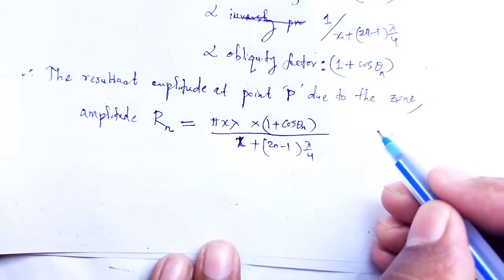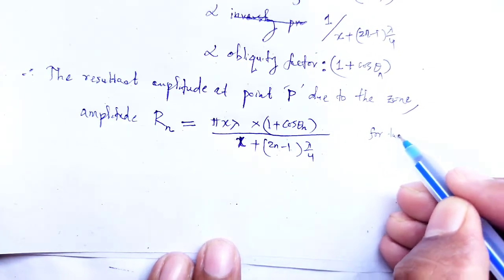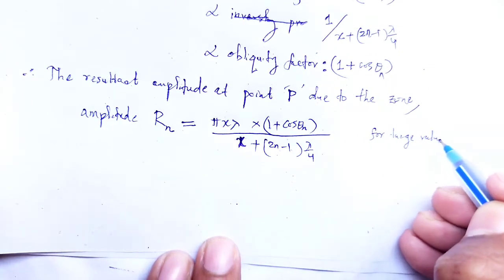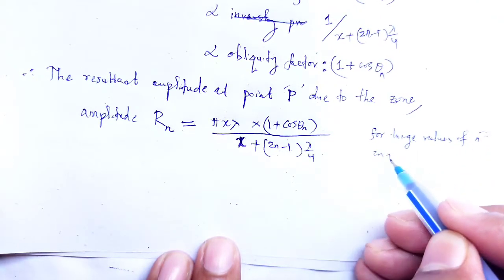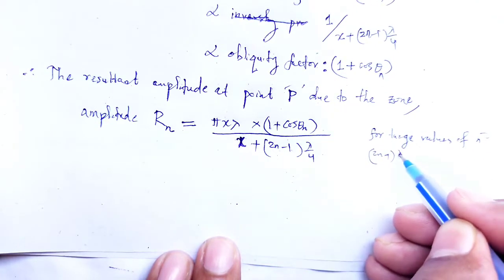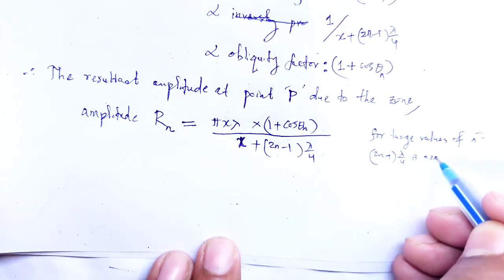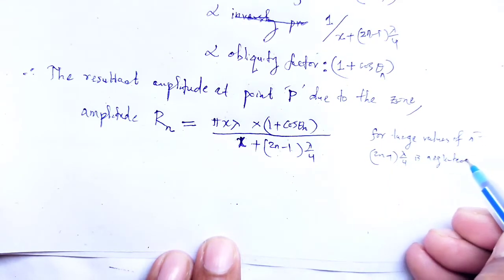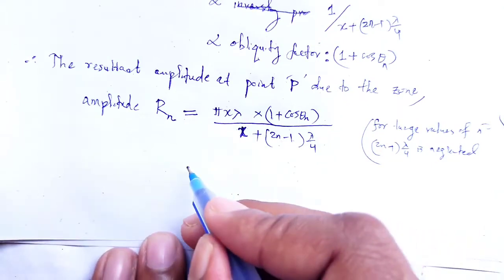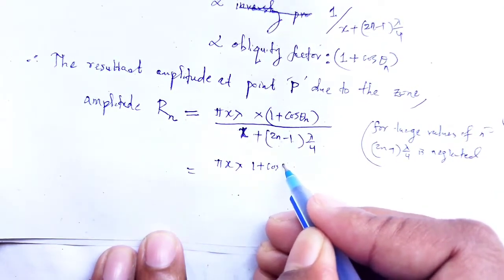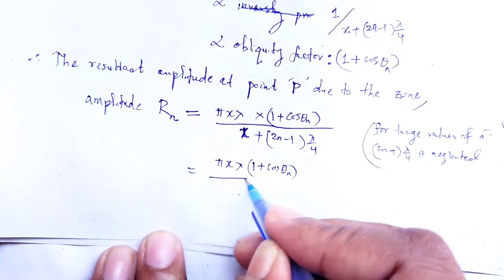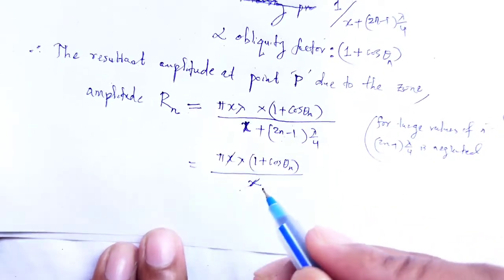For large values of n, (2n minus 1) lambda by 4 is neglected. Therefore, we have pi x lambda (1 plus cos theta n) divided by x, and x cancels out.